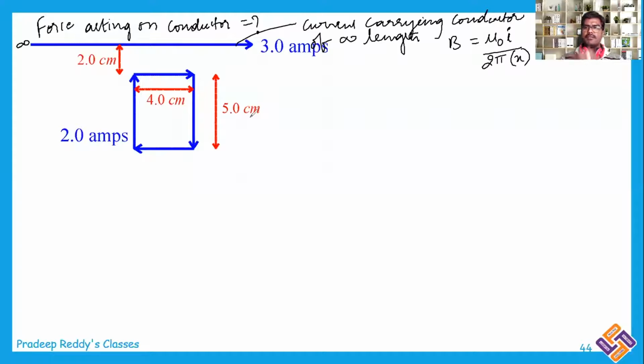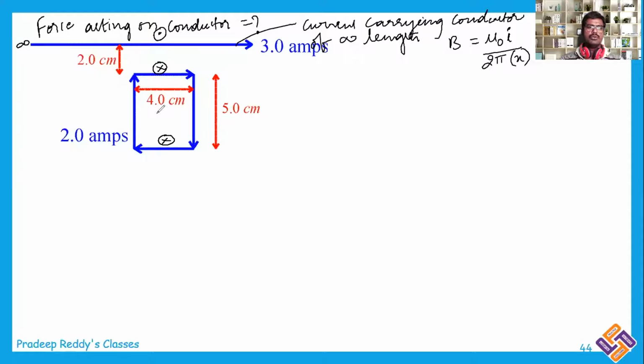And what about the magnetic field direction? Above the wire it is outside and below the wire it is into. Therefore, the magnetic field here will be outside and the magnetic field here will be into. Magnetic field here is also into. Now, this is a closed loop.